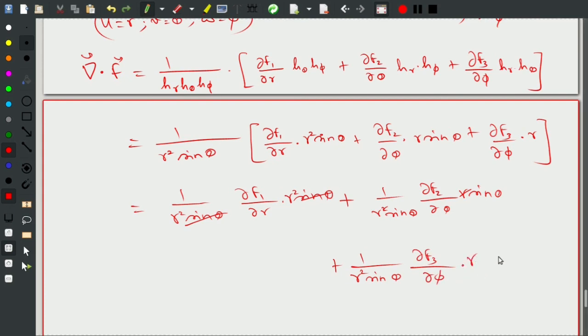Since there are no phi terms here, we can simplify this one.